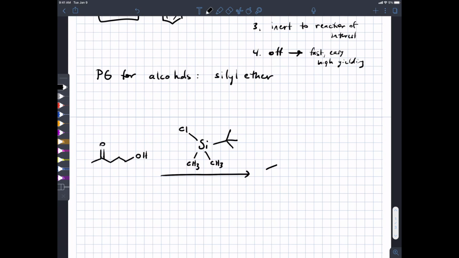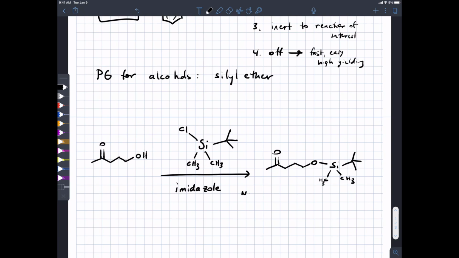It will be enough to just draw the products and know how to use this reagent. The product replaces the silicon-chlorine bond with a silicon-oxygen bond. You will notice that the proton that used to be on that oxygen is nowhere to be seen. We got rid of it using a base called imidazole.